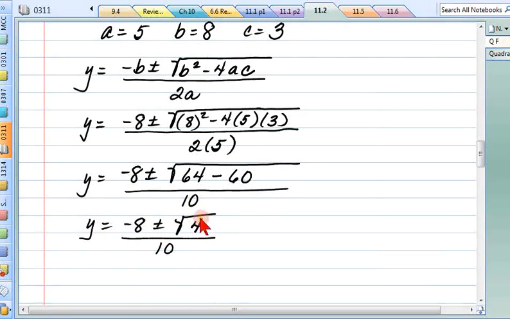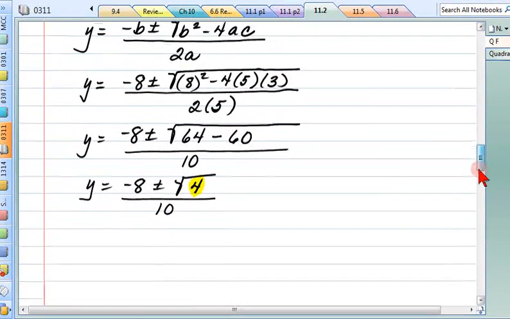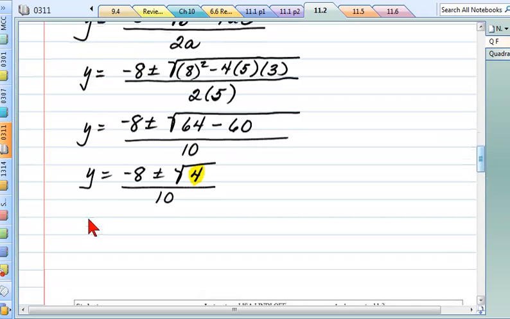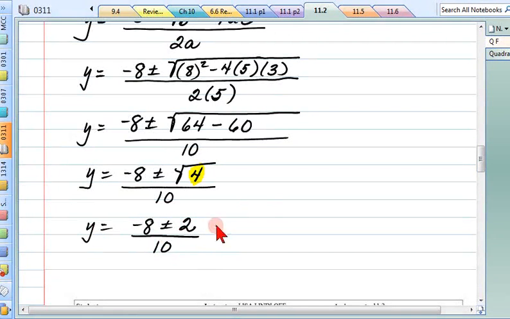This problem, you look at the radicand. Can you tell that this problem is going to have rational answers? We're going to have y is equal to negative 8 plus or minus 2 over 10. One of the answers is negative 8 plus 2 over 10, which gives me what?